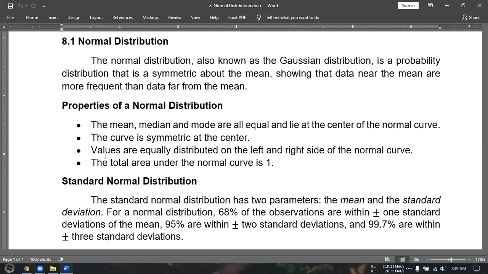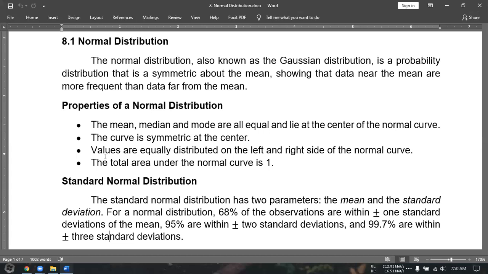If you remember, bell-shaped curve. I believe most of you were products of K to 12, and during your senior high school, you had statistics or research. So more or less, you already have the idea of the normal distribution.